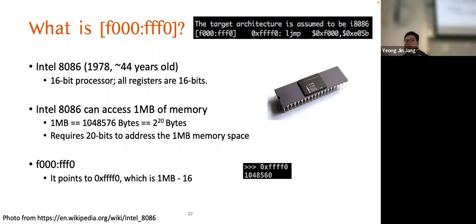But the important thing is that the engineers wanted to support 1 megabyte, which requires 20 bits to address with byte addressing, even with 16-bit registers. One easy way to address 20 bits with only 16-bit registers is to use 2 registers. That's why we are using 2 pairs of 16 bits.